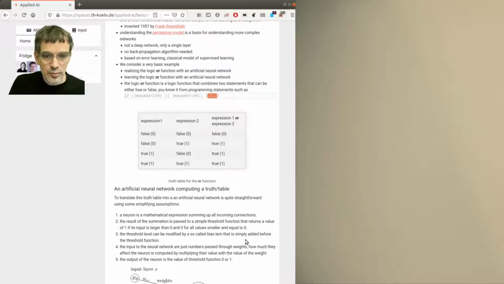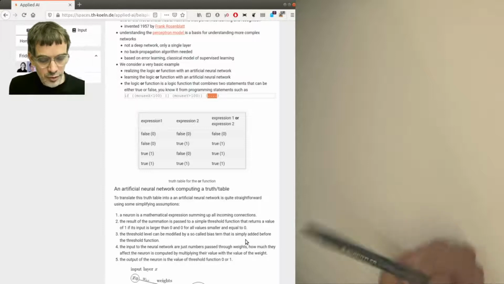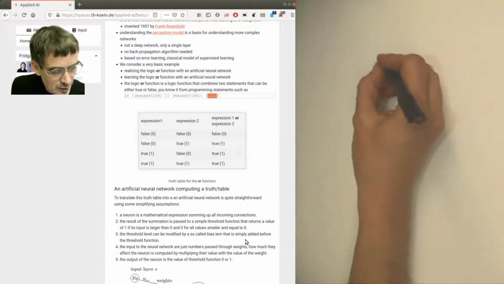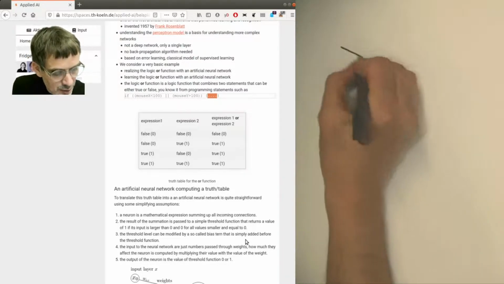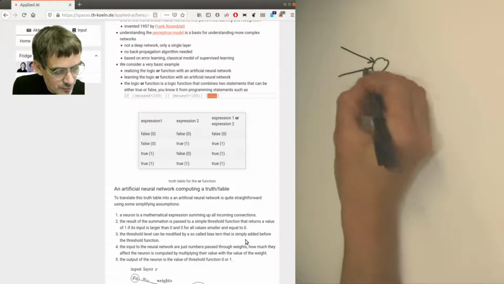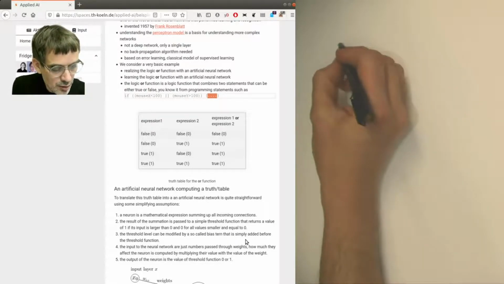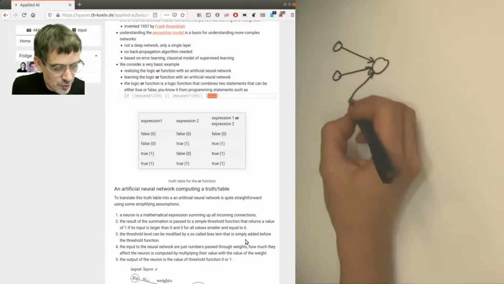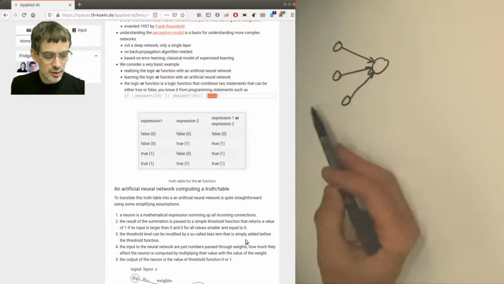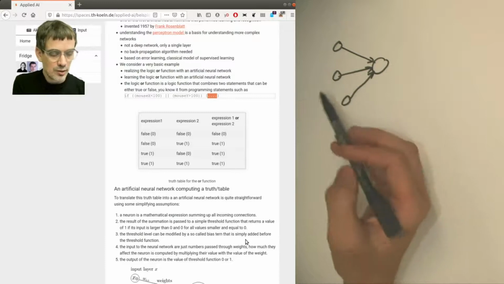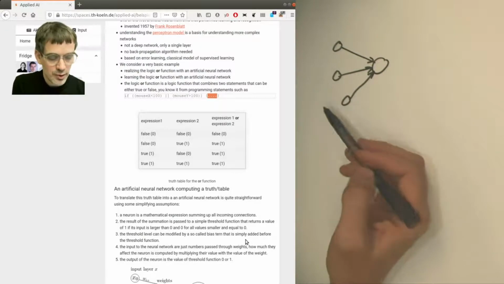What we assume is that the neuron is, in our abstraction, a mathematical unit. We think of the neuron as something that sums up incoming connections. These incoming connections could be input from another network, or from some sensor or whatever.